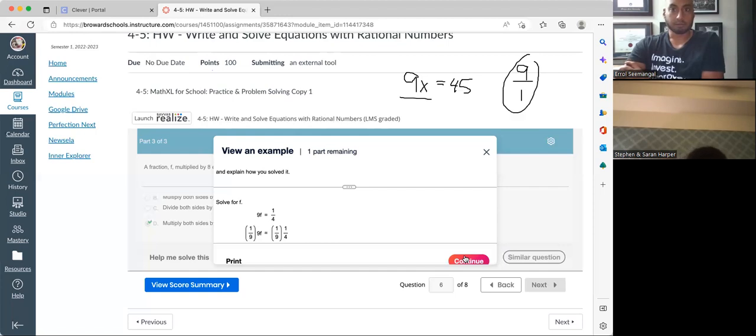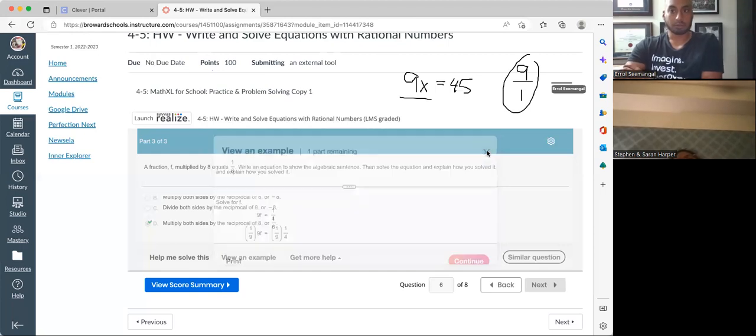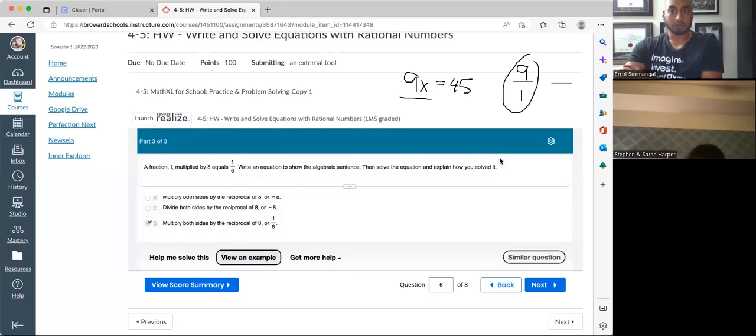Flip it. 1/9. So don't confuse coefficient and reciprocal. Now on this question, we want to divide both sides by the coefficient.